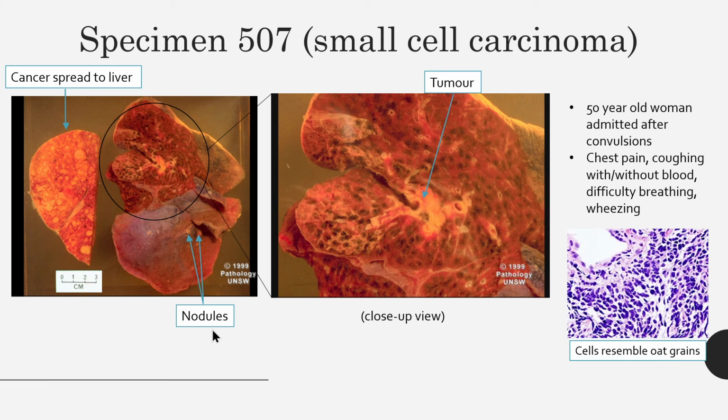These are in fact examples of cancer spreading which has even reached the liver with its nodular appearance on the left of your screen. Small cell carcinoma is an aggressive cancer that has faster spread and growth rate than non-small cell carcinoma. As such, it is quite common for tumor deposits to be found in other organs post-diagnosis.